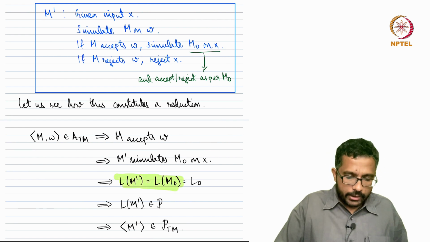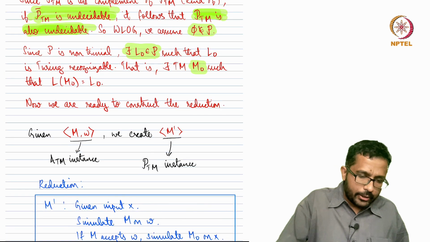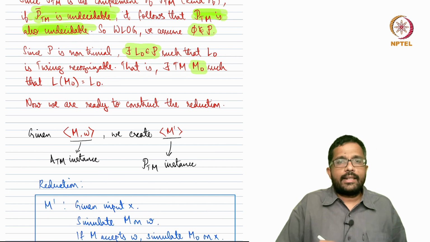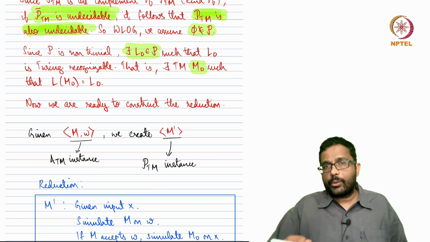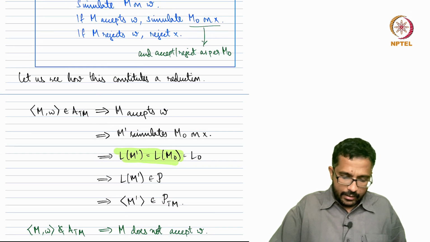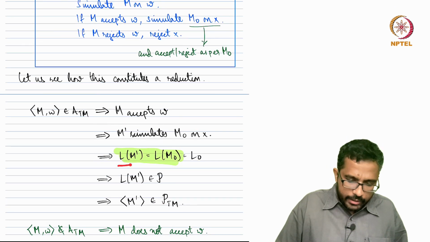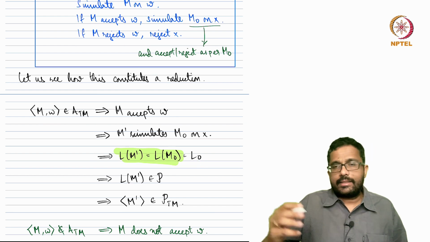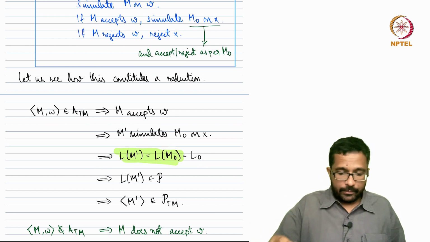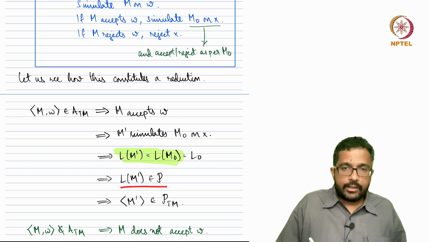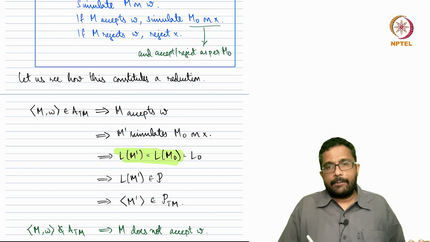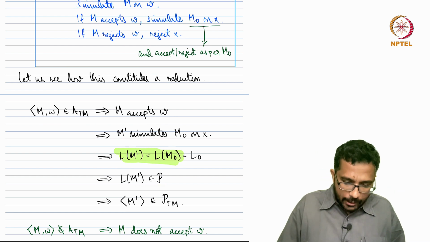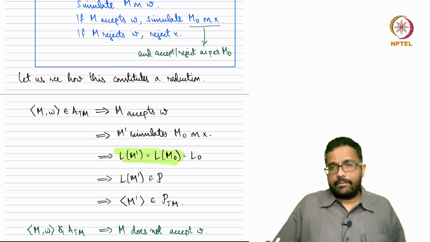But what is the language of M0? M0 was the Turing machine chosen such that it recognizes L0, which is a language that satisfies the property. So the language recognized by M prime is L0, which satisfies the property, meaning M prime satisfies the property, which means M prime is in PTM.